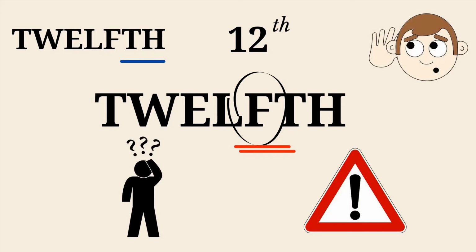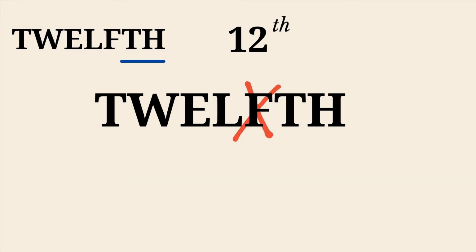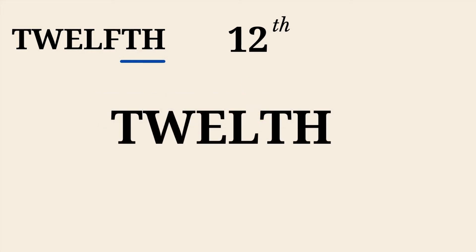It doesn't work, so we don't pronounce the F. We just skip it. For example, if you catch that F, imagine it's not there. 12th. That's a little bit easier. You can just say 12th.